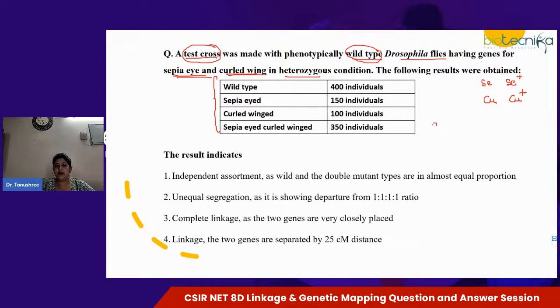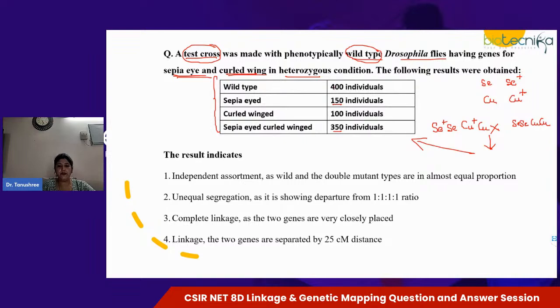So the heterozygous is crossed with the double homozygous recessive parent, and this is the result: 400 wild type, 150 sepia, 100 curled winged, and 350 sepia eyed curled winged.